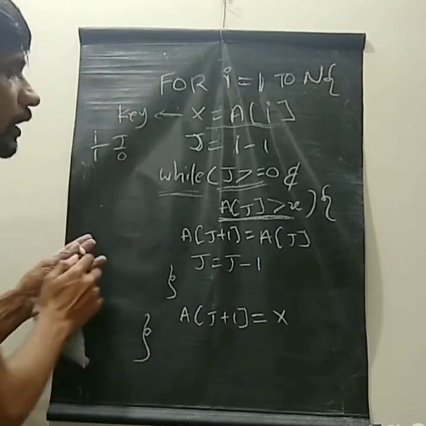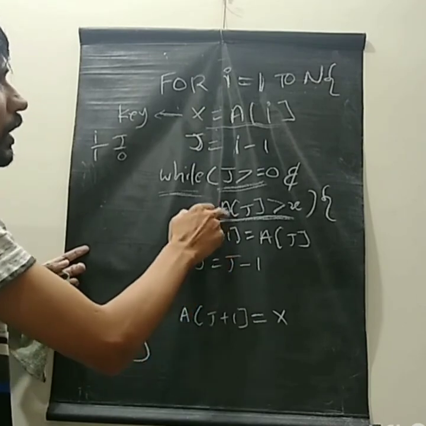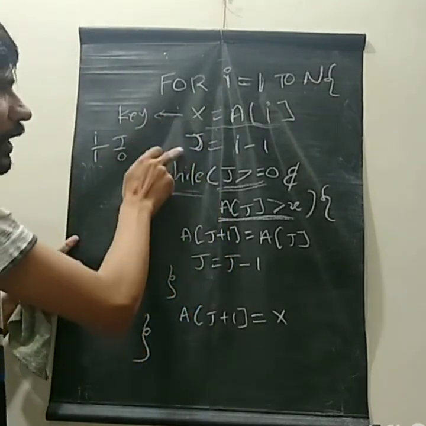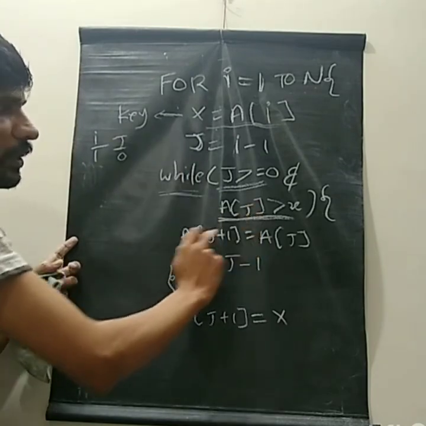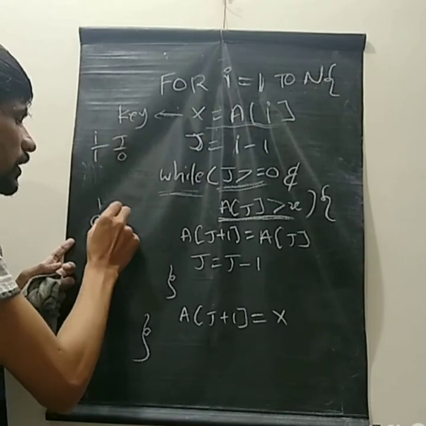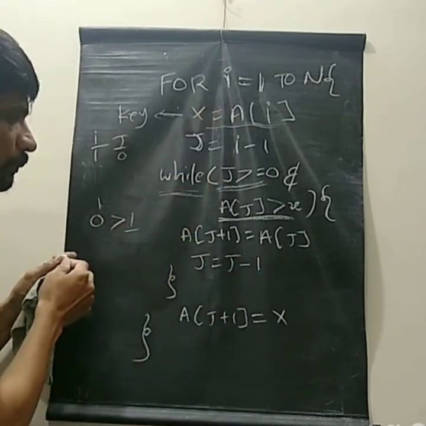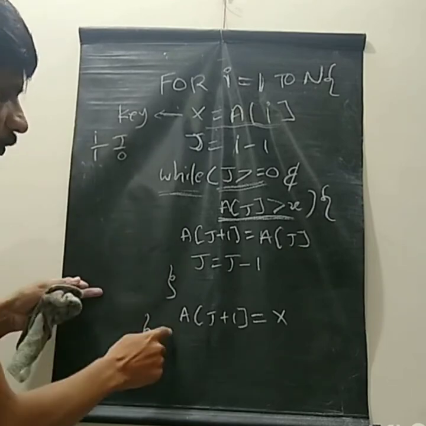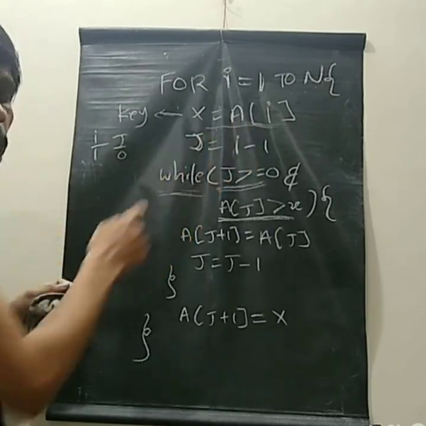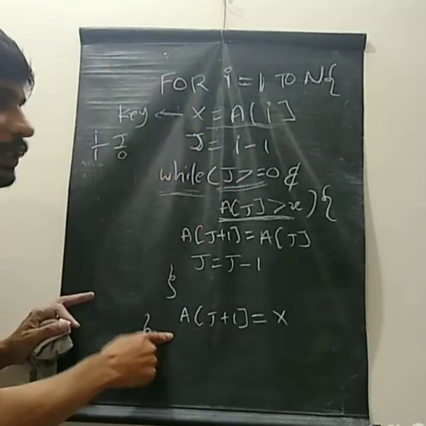Then we compare the key value and the j value. If a of j is greater than x, that means the 0 index is greater than the 1 index, then we will do a swap. Finally, we kept the i value as a temporary variable, so that temporary variable we will assign here.